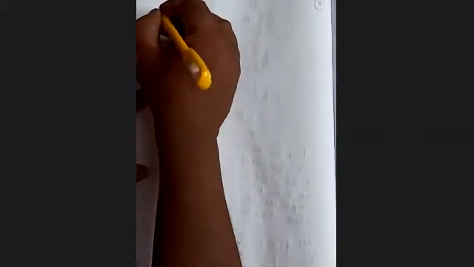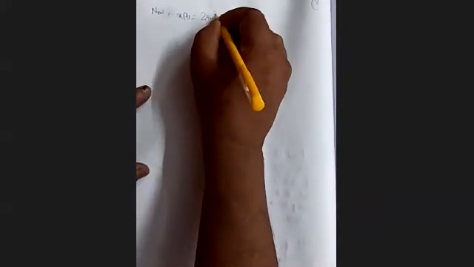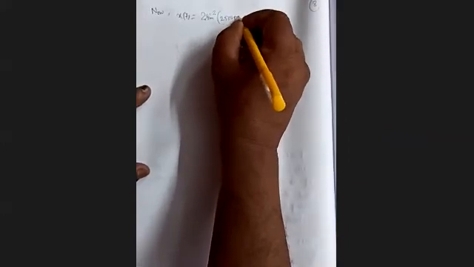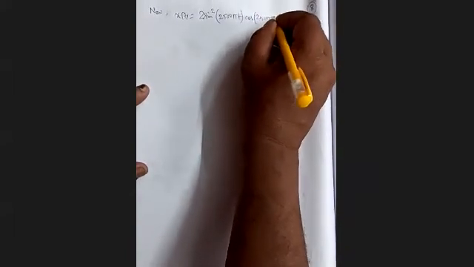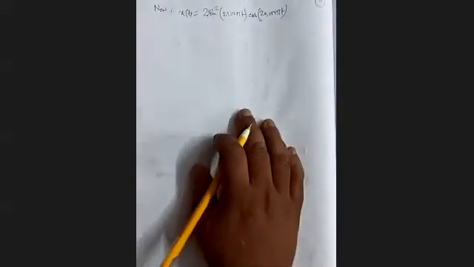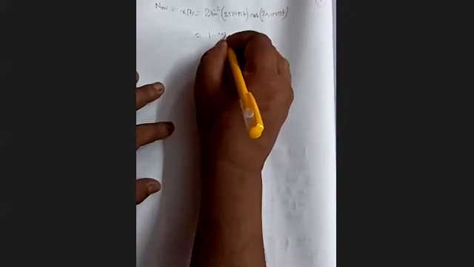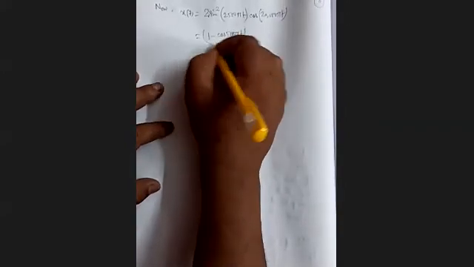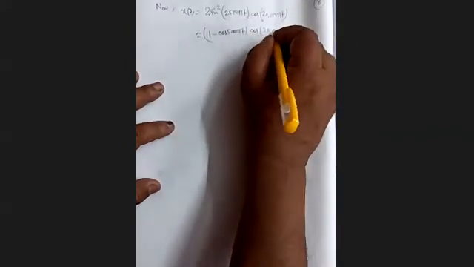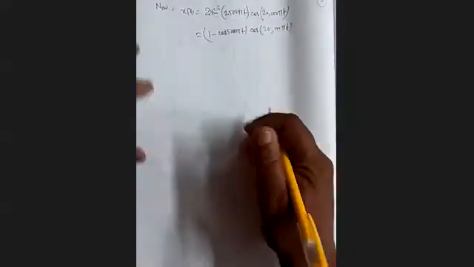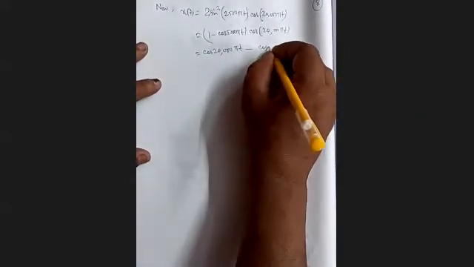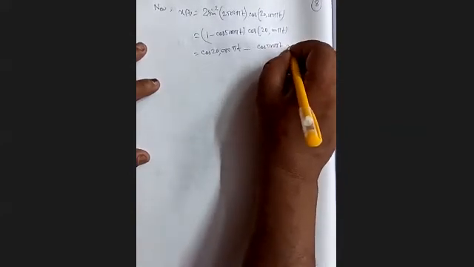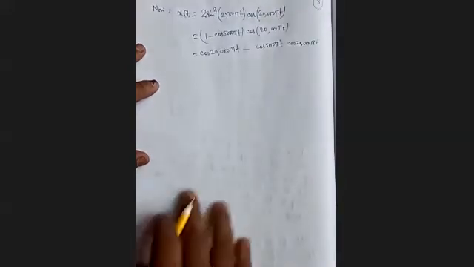Now, xt equal to 2 sine square, and 2 sine square theta is 1 minus cos 5000 pi t, into cos 20,000 pi t. So this is the simplification.